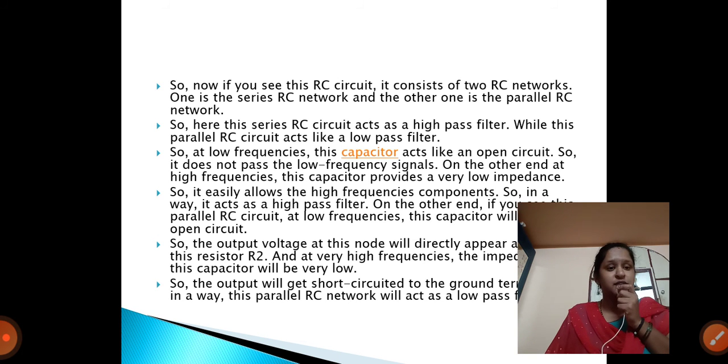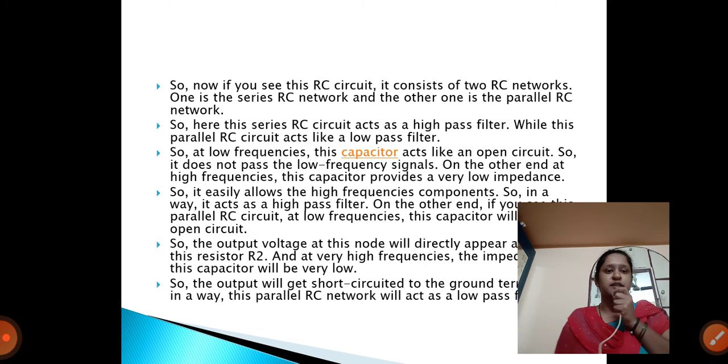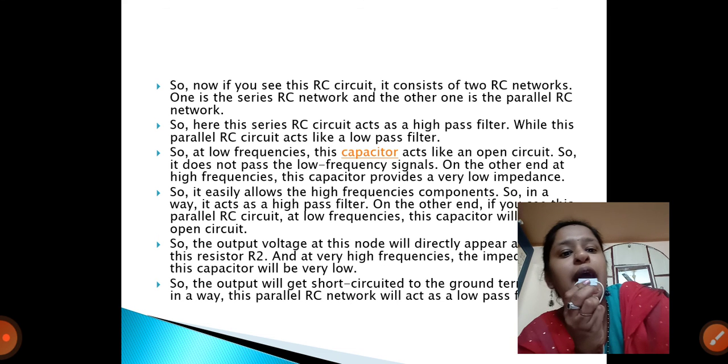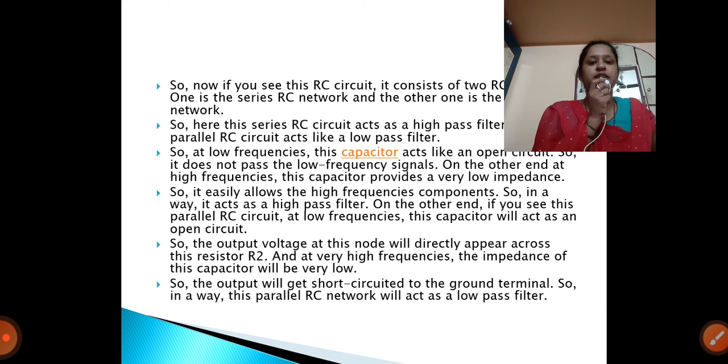If the resistance values are very low, the frequencies pass very fast. So in a way it acts as a high pass filter. On the other hand, you can see this is the parallel RC circuit; at low frequencies this capacitor will act as an open circuit.